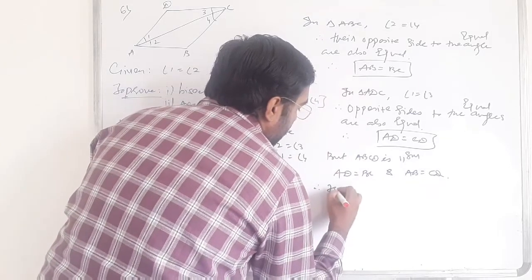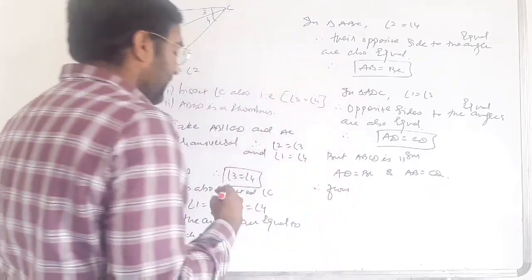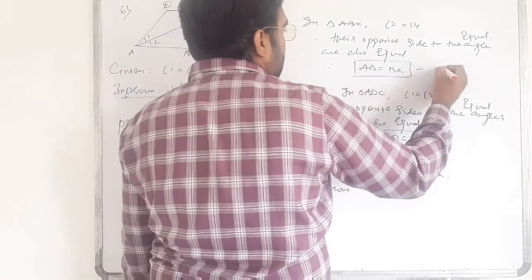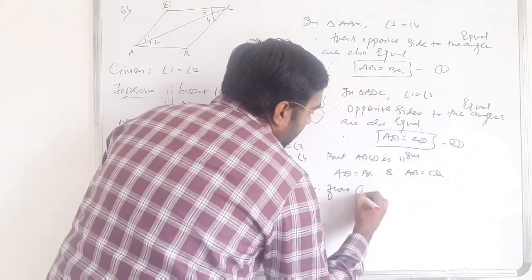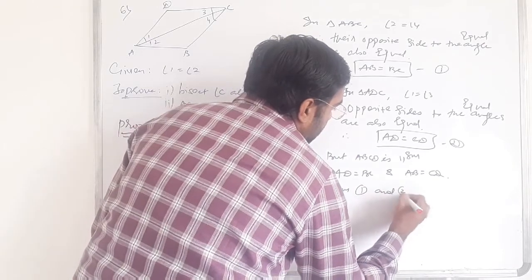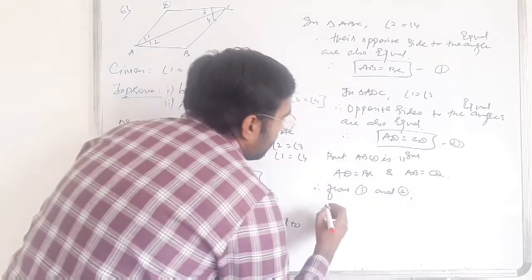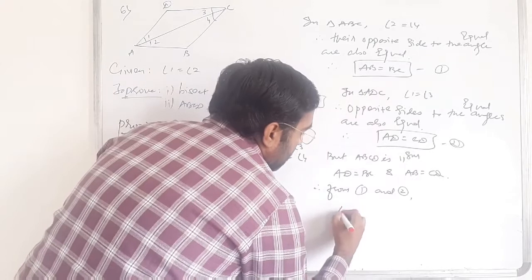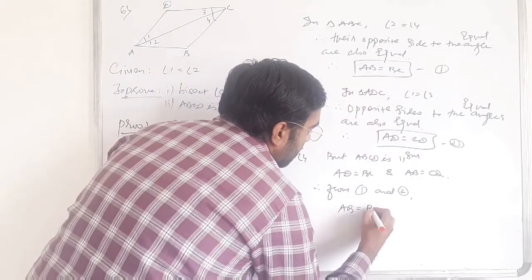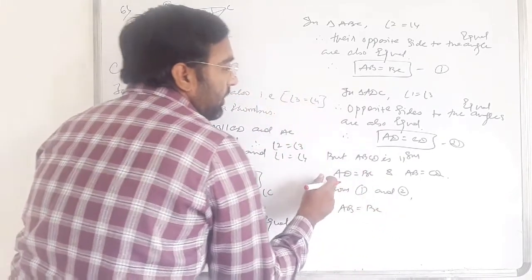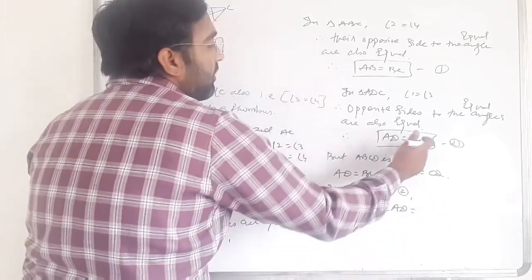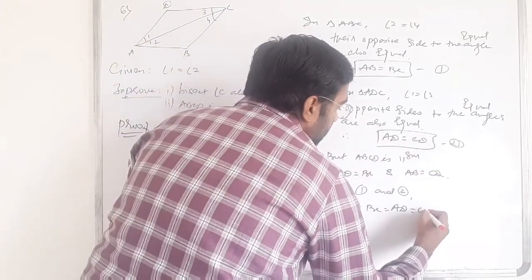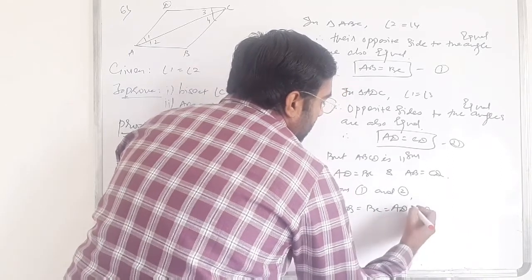Therefore from results 1 and 2, AB is equal to BC, but BC is equal to AD and AD is equal to CD.